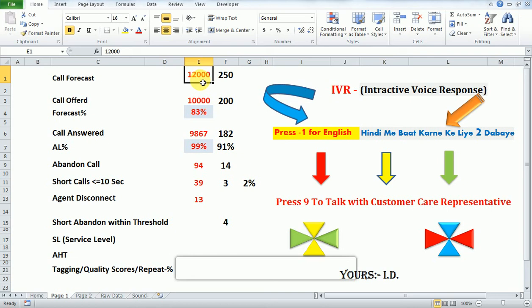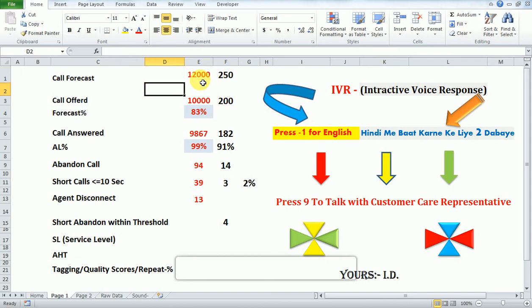Now we talk about the process. So what is call forecast? Call forecast means there are two parties, client and company. The client gives you assumed numbers, that this is the volume for that day, like 12,000. He is just giving you the forecast that your company will receive around 12,000 calls that day.